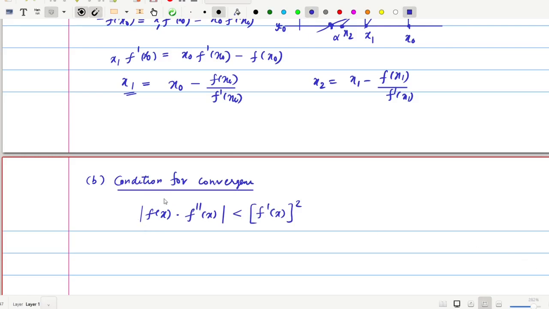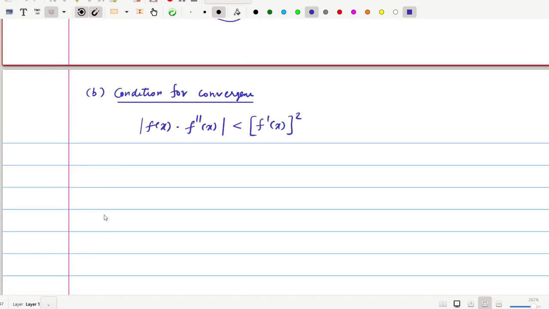This is obtained using the previous iteration method, such that the modulus of phi dash of x is less than 1. So using this fact, when we consider this as our phi of x, you can get this condition. So this is the second remark.